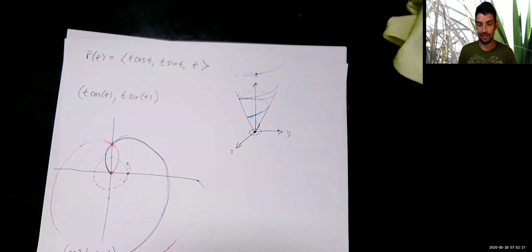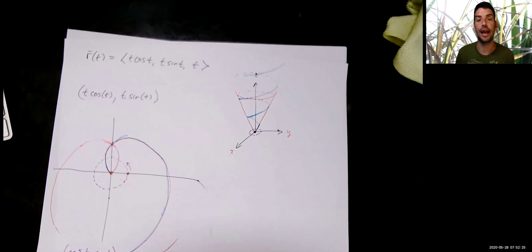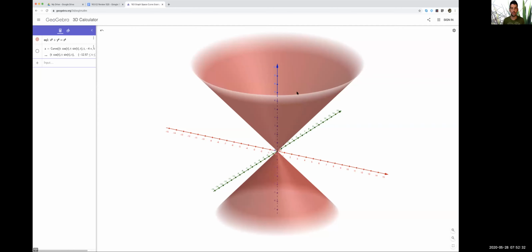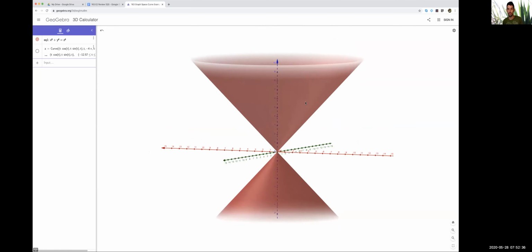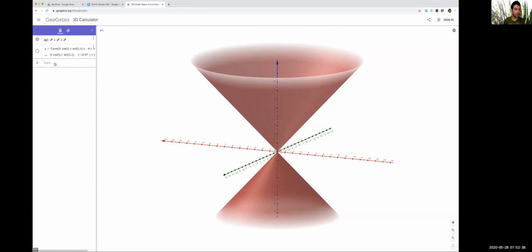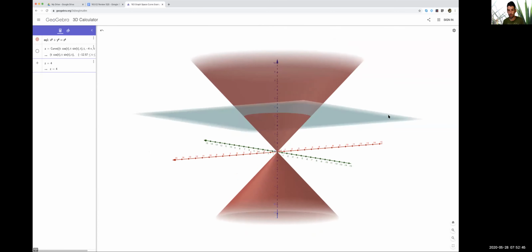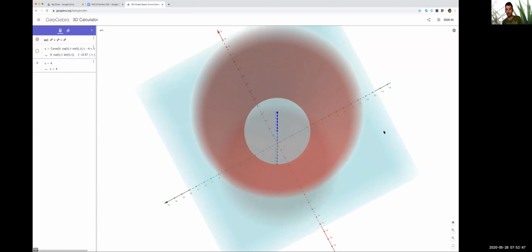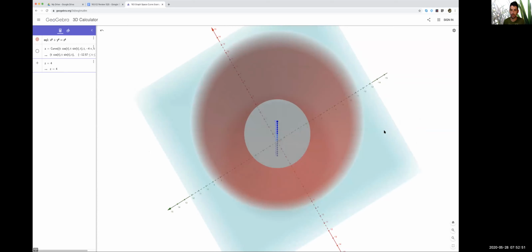So let's take a quick look at a much better rendering of this than I can accomplish. Okay, so here's the surface, right? Our cones. You can imagine, let's actually just do a quick slice. For instance, at z equals 4, there's the plane z equals 4, all the points with a z coordinate of 4, right?